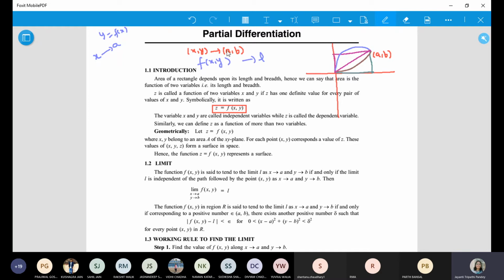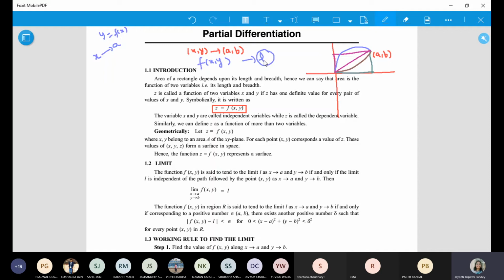If xy to AB alters L, then L can't be a limit. How you are approaching AB, if that affects the limit, then the limit does not exist. So this is one important difference between a 2D and a 3D.